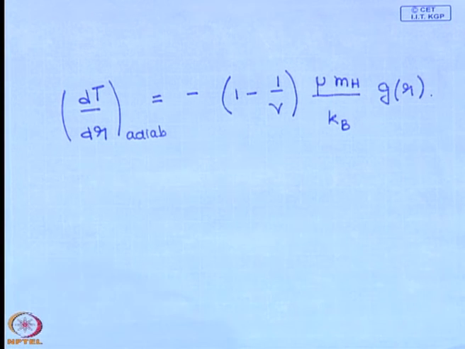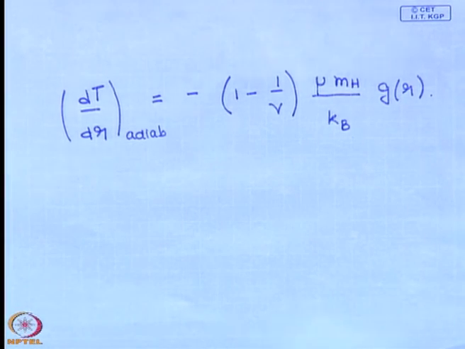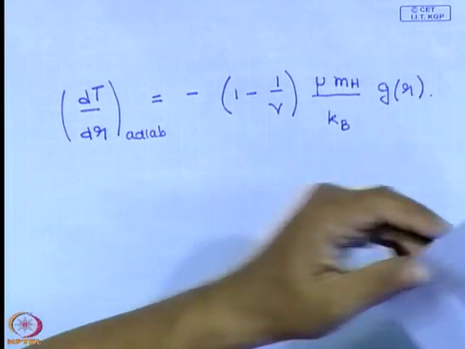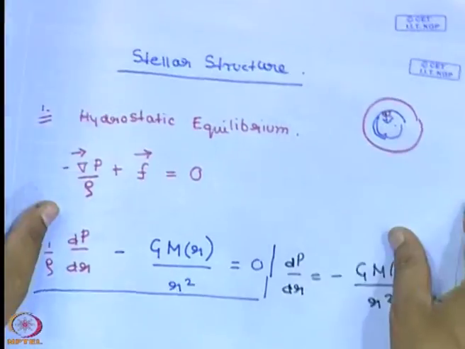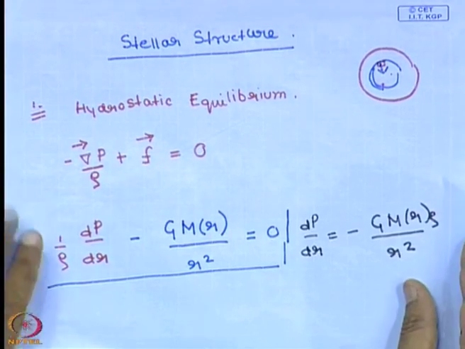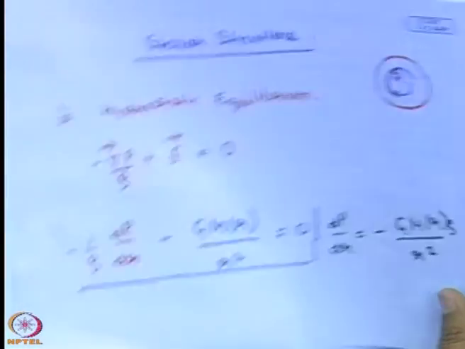These are the 4 equations, let me show them to you once more, the equations that we have to simultaneously solve. So, the first equation is the equation of hydrostatic equilibrium. This gives the pressure as a function of r.